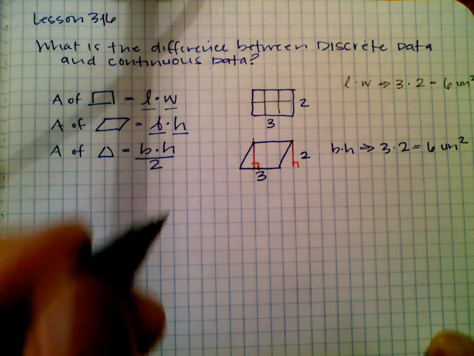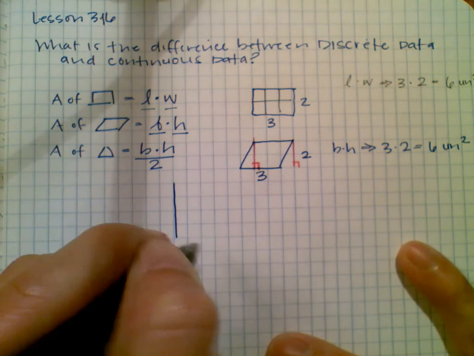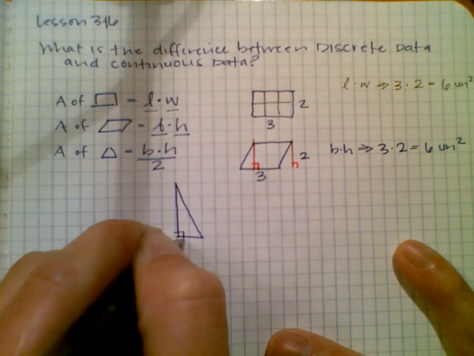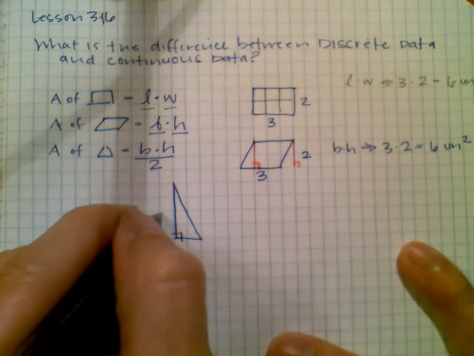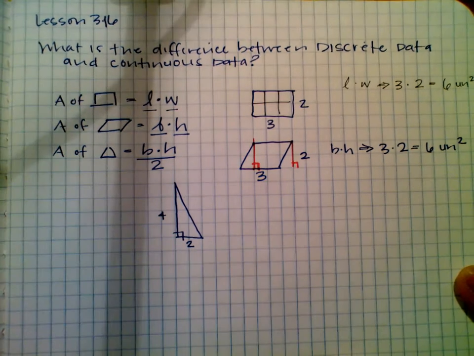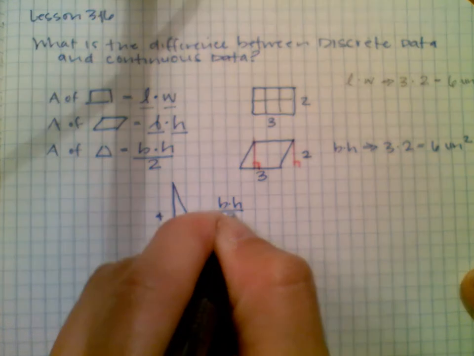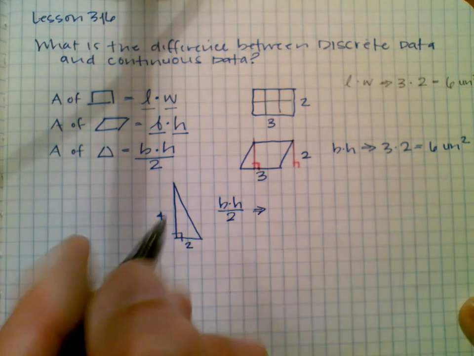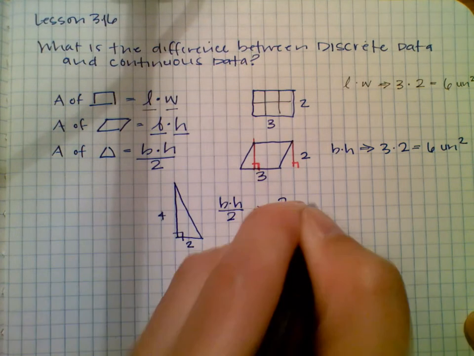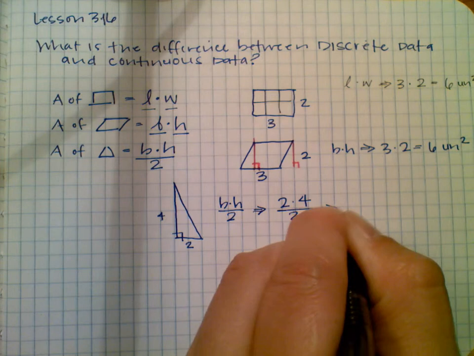Now, if we look at our triangle, let's just draw a right triangle right here, and we know it's right because of that right angle right there. This is 4, and this is 2. Now, our formula is base times height divided by 2, which will mean base in this case is 2, height in this case is 4, and we're going to divide that by 2.